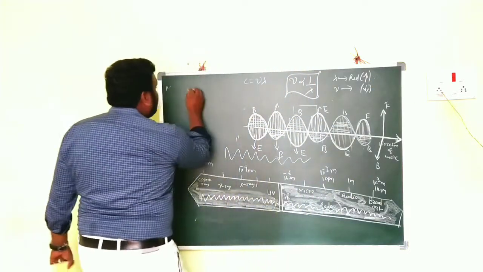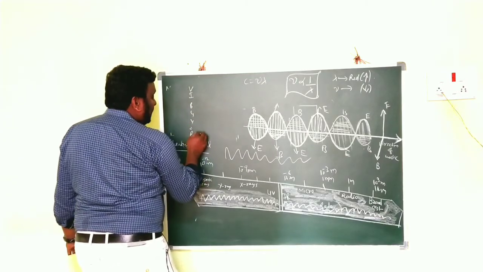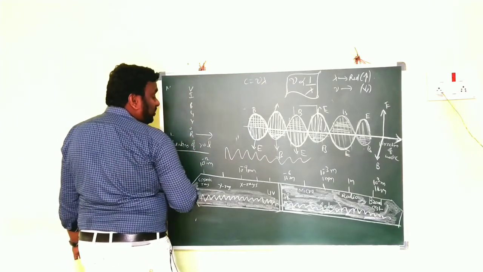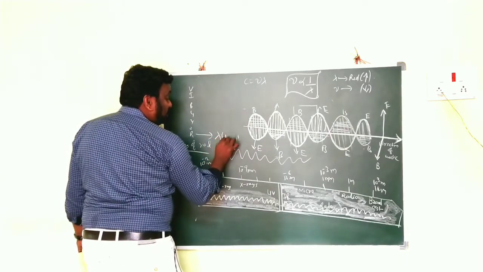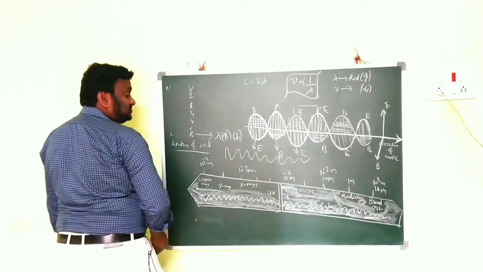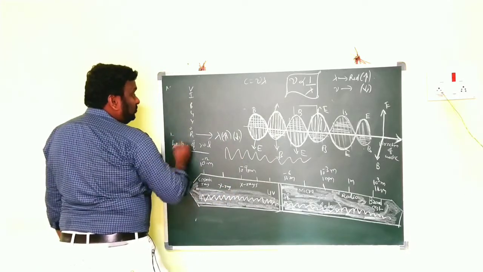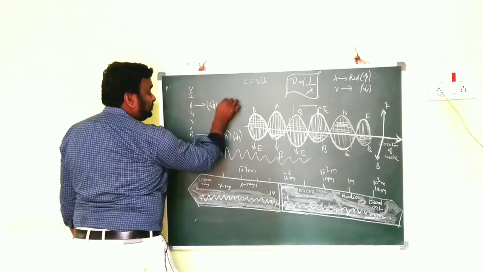In VIBGYOR colors, red has more wavelength and less frequency, the least frequency. If you go for blue, wavelength is less and frequency is more.